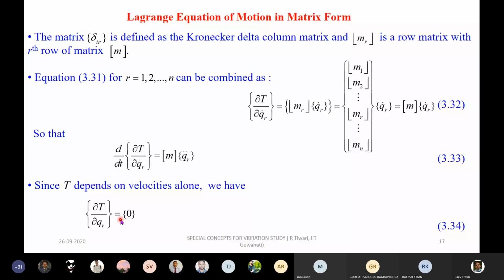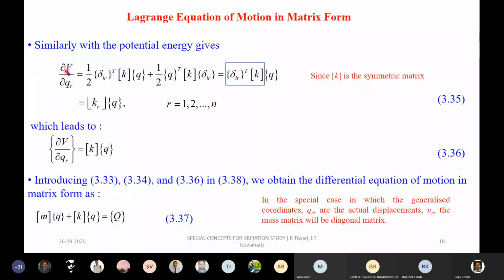On similar lines, we can take up the potential energy. If we differentiate, because potential energy has a quadratic form, the first term will be differentiated, and then the second will be differentiated. Both are equal, so we can add them up and take one of them. The boxed term will give us a row vector of the stiffness matrix. This expression we can write for r equal to 1 to n.